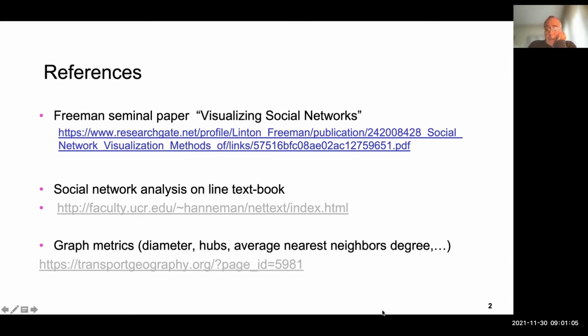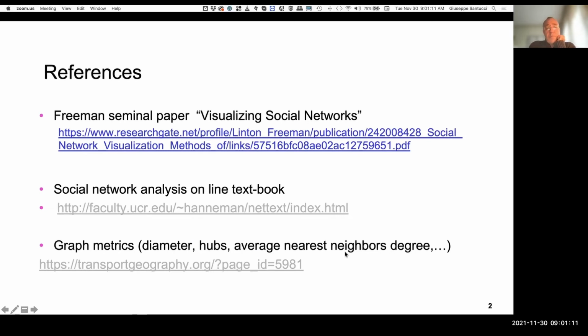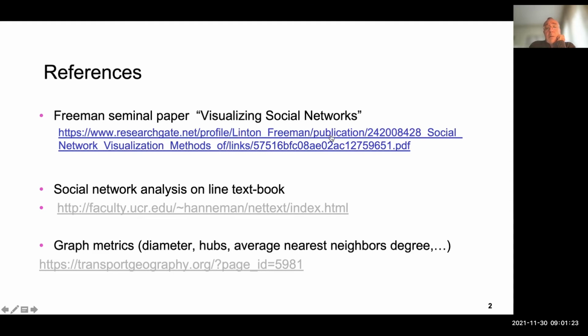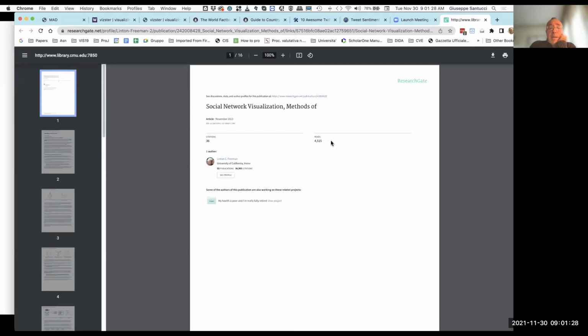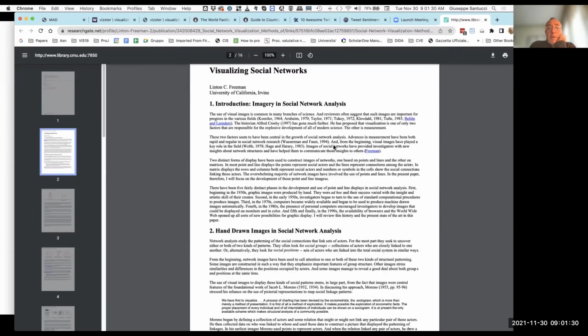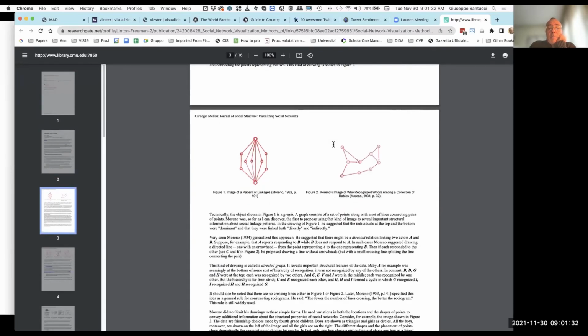Maybe just a moment, I change my sharing. I go to the desktop so I can easily follow the link. There is a paper about Freeman that is called Visualizing Social Network. You can go for getting that paper, and there is all the story behind it.